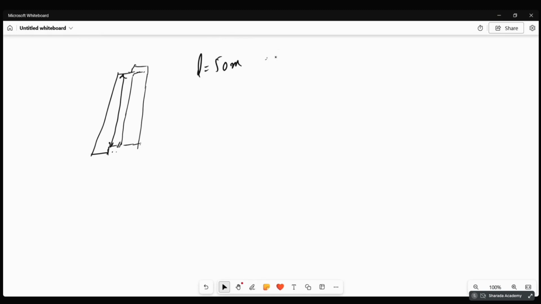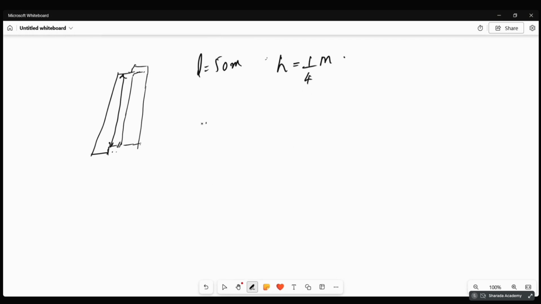Each step has a rise of 1 by 4 meters, that is also the same. So the height or rise we can take as 1 by 4 meters. Then what he is asking is to calculate the total volume of the concrete required to build the terrace. That is the question he is asking.